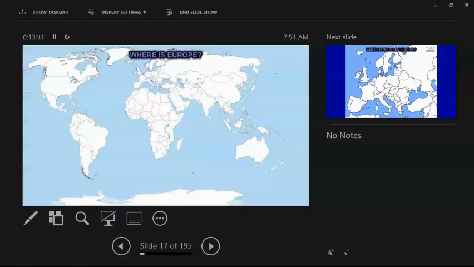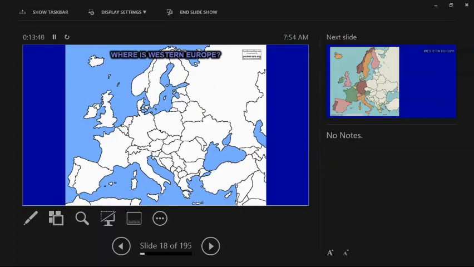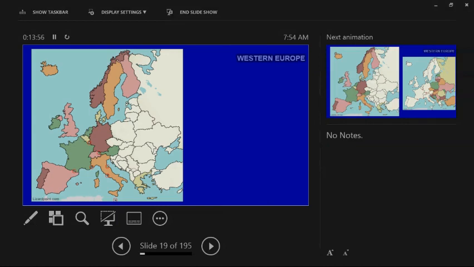All right, so our next artwork is going to be found in Europe. Where is Europe on this map? That is correct. It's just above Africa. And then we're going to go to Western Europe. What countries are in Western Europe? Yes, Great Britain is in Western Europe. The colored ones are Western Europe.